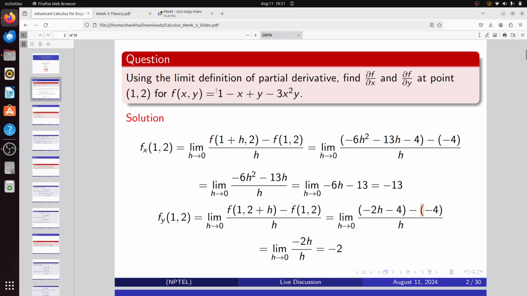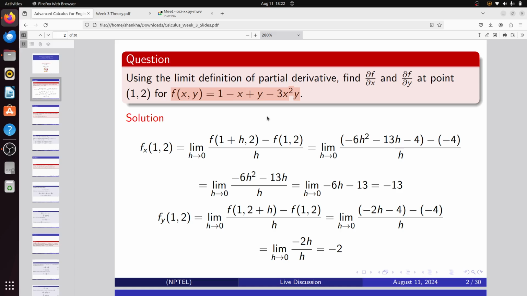Now you need to determine del f del y. So what will be the value of del f del y from here? It will be 1 minus 3x squared.